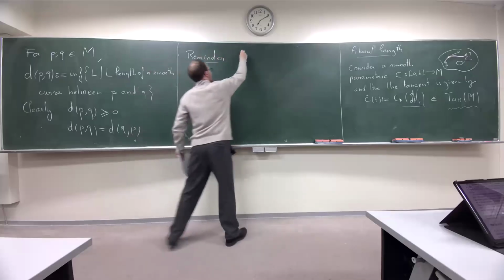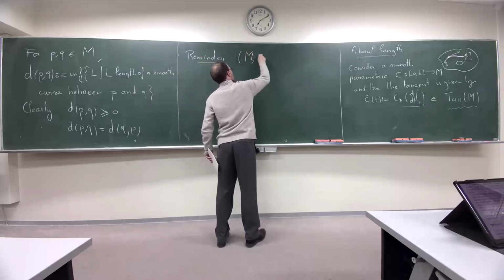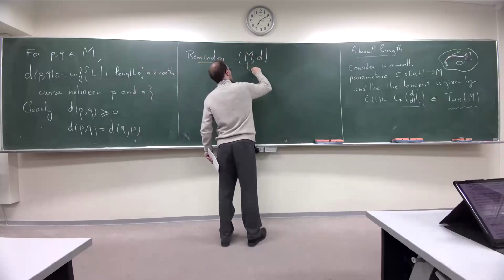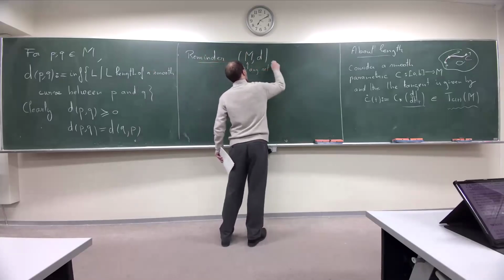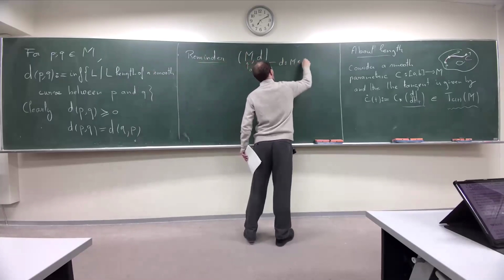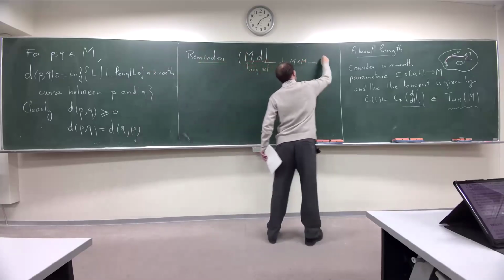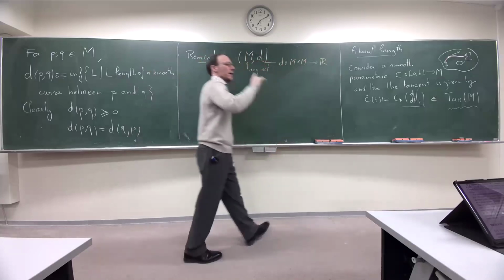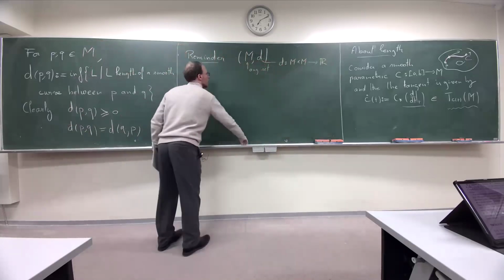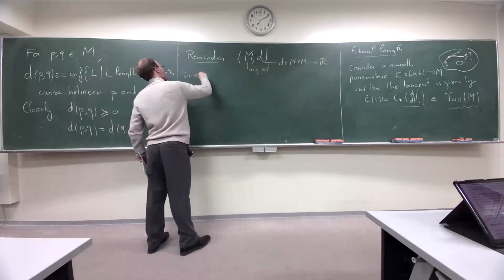I consider M and D. What is M and D in this case? M is just any set, and D is a map from 2 copies of M with value in R. So it's a function taking 2 points in M with value in R. This is a metric space.